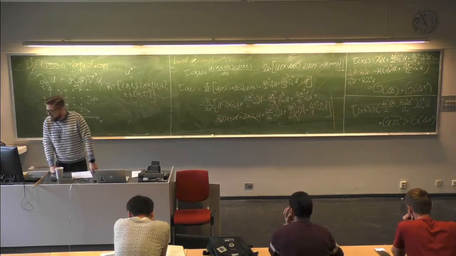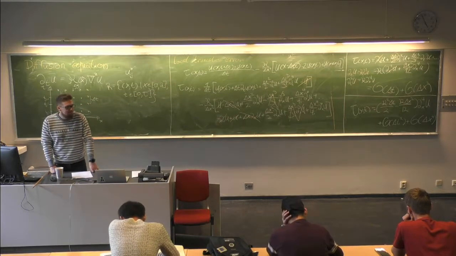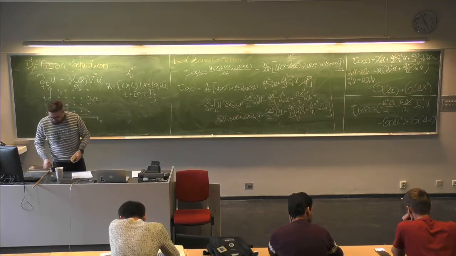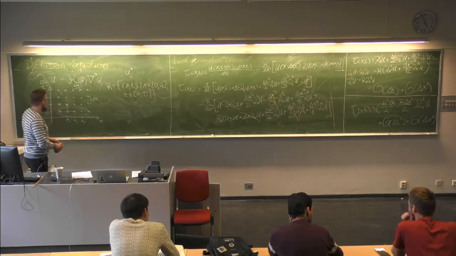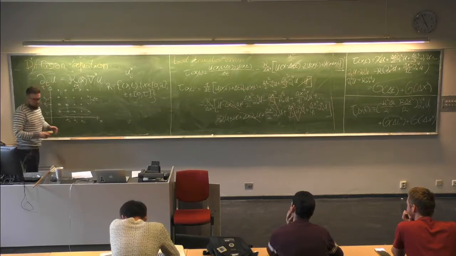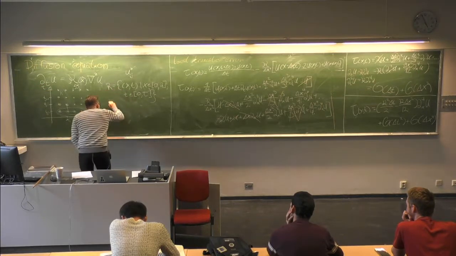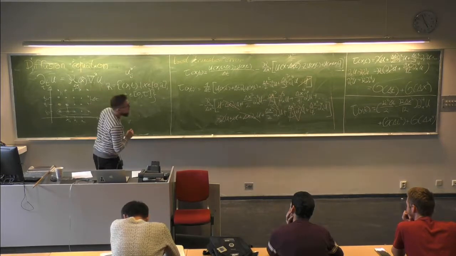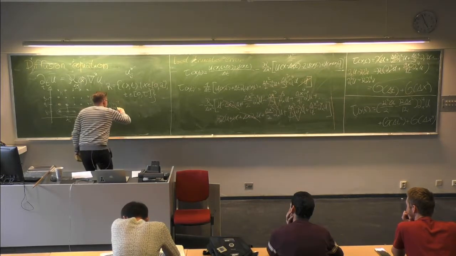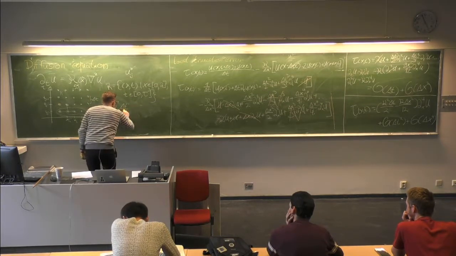Was that clear? Yes? So if you pick these, you have kappa squared dt over 2.